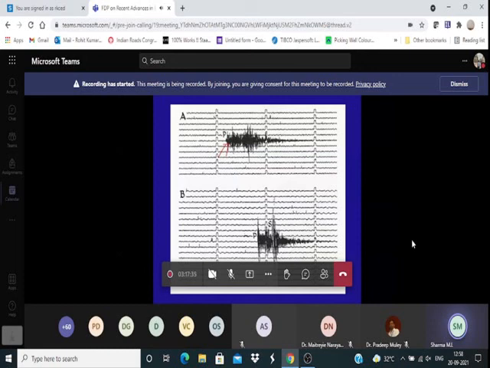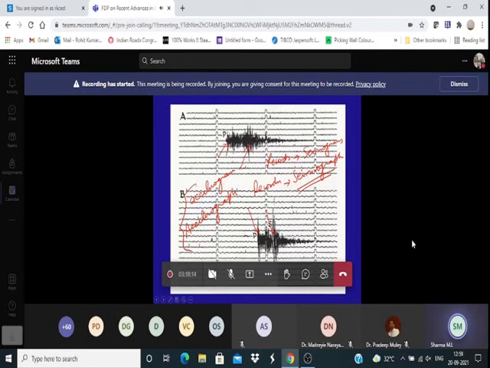The records are known as seismograms, while the recorder which is recording it is known as a seismograph. Similarly, if you are recording acceleration, then the record will be known as an accelerogram, and the recorder will be known as an accelerograph. So this is the difference between these two.